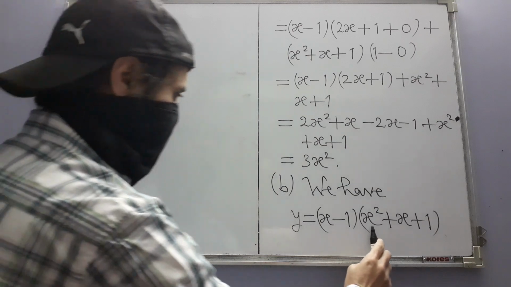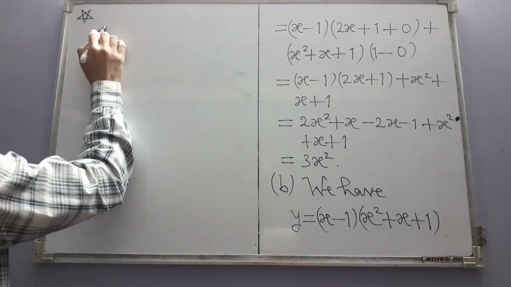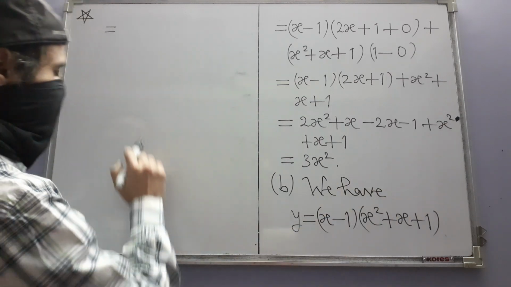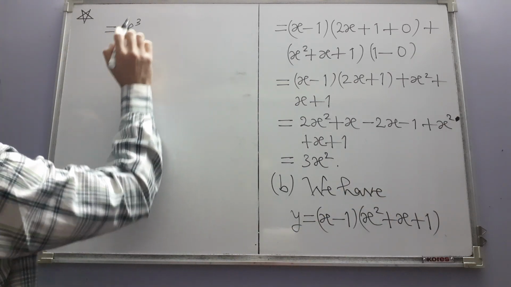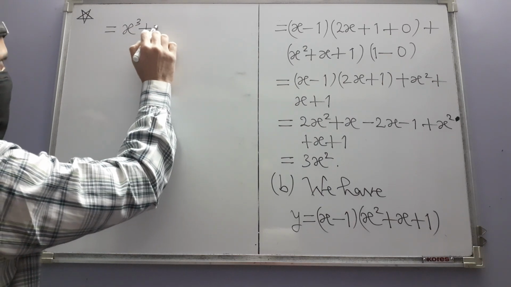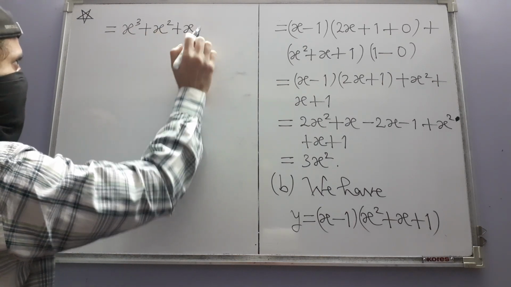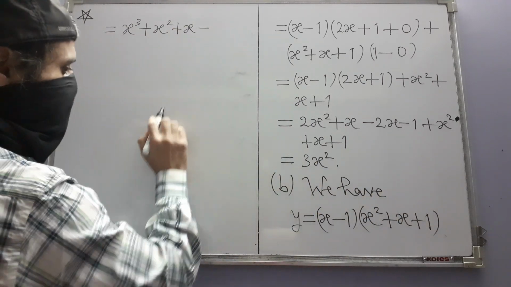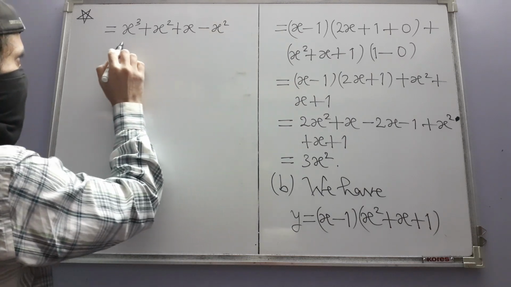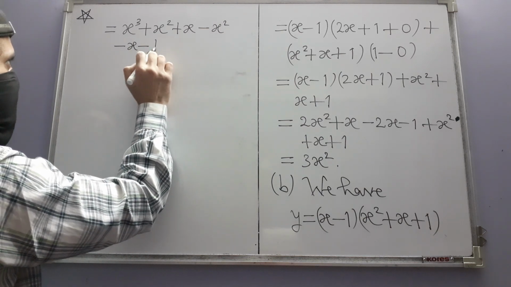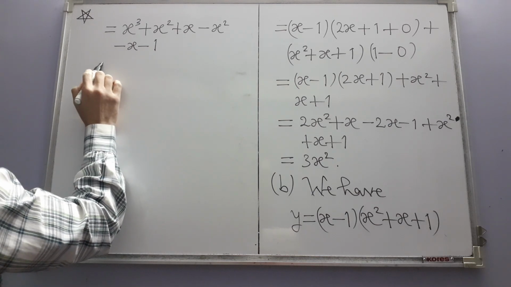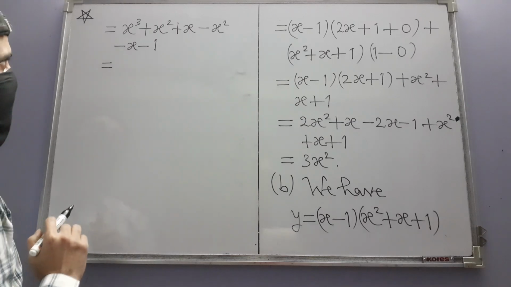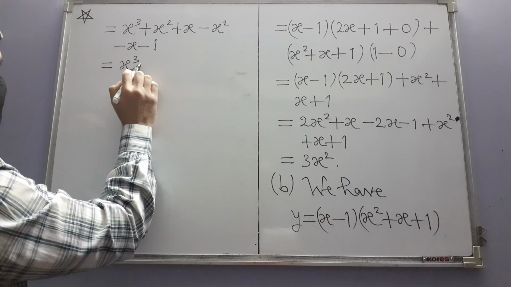So if I multiply all the terms in this polynomial by x, each term gets increased in degree by 1. X square becomes x cube, x becomes x square, and 1 becomes x. And then I have to multiply them by minus 1. So minus x square minus x minus 1. Now you will see that many things are getting cancelled, and ultimately you are having x cube minus 1.